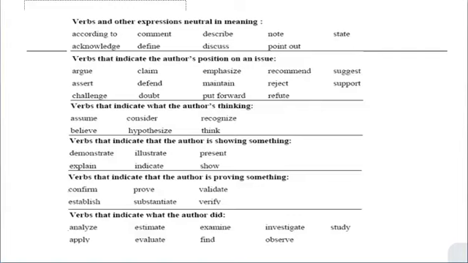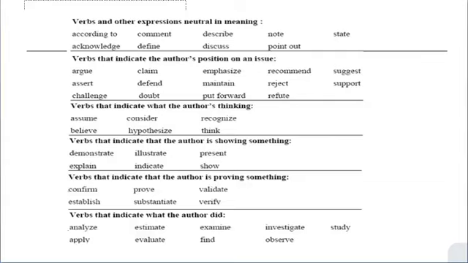Next, we have verbs that indicate that the author is showing something. For example, if the author is explaining or just showing how something is done, you can use verbs like demonstrate, explain, indicate, illustrate. Next, we have the verbs that indicate that the author is proving something, like a theory or hypothesis.